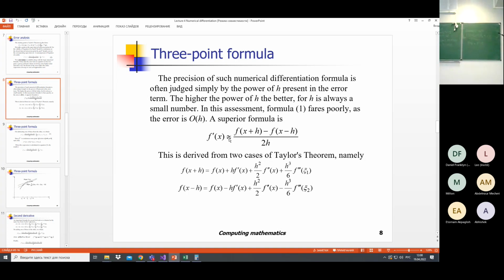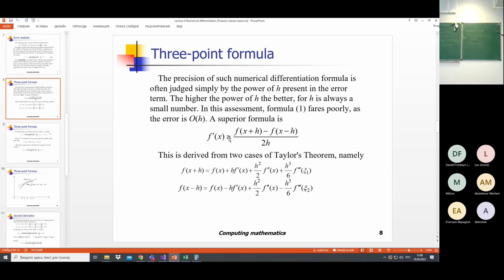And what we see is that we take the same large step, 0.1, and we get a very small error, 0.01. It is even smaller than the error in the previous case.